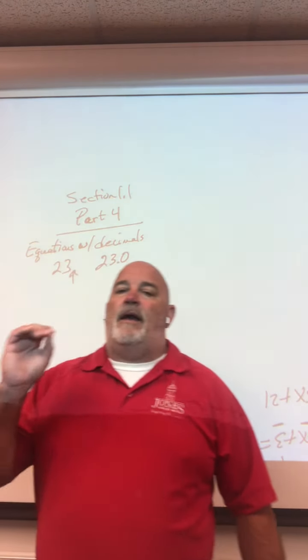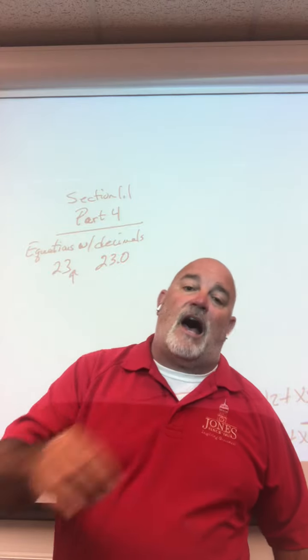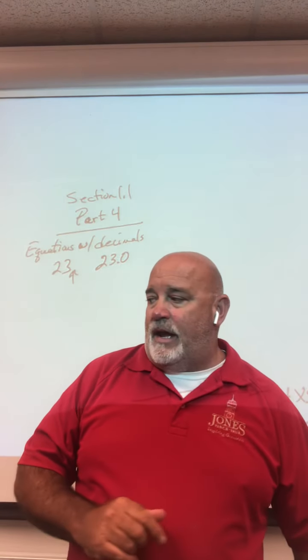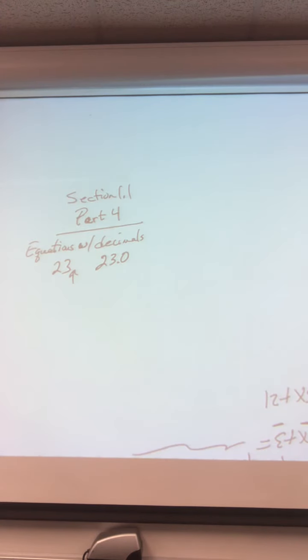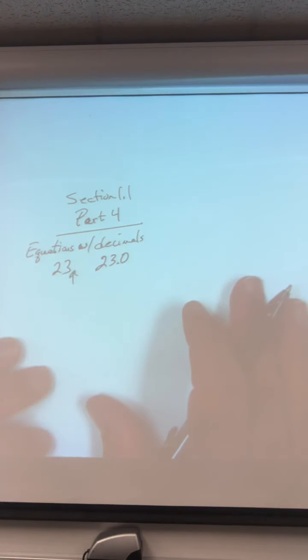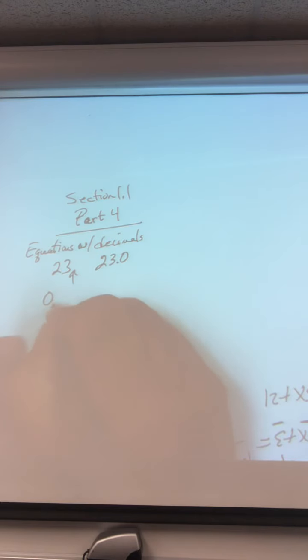But I'm talking about equations where the decimal is not at the end of the number. Now remember, anytime a decimal is in a problem that's not at the end of the number, every decimal can be written as a fraction.